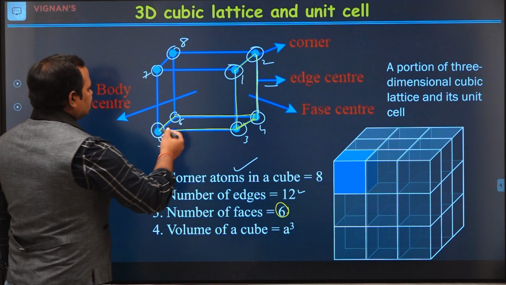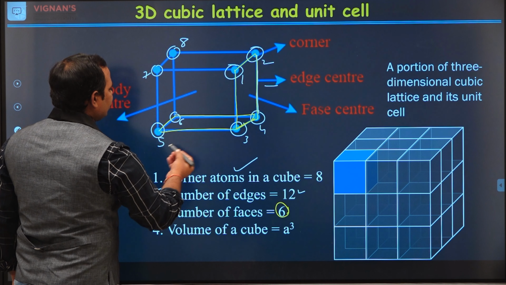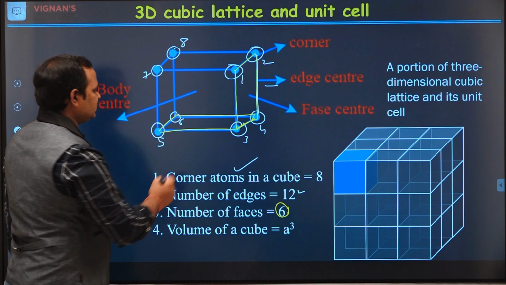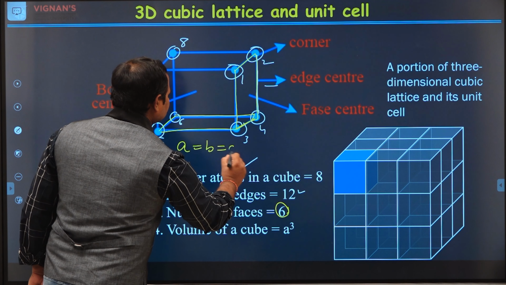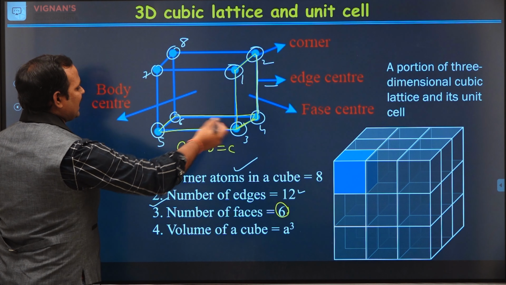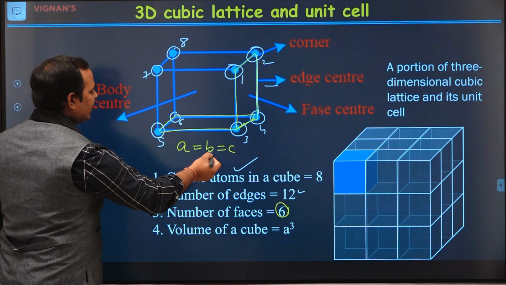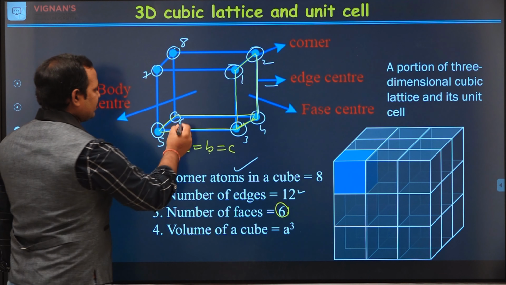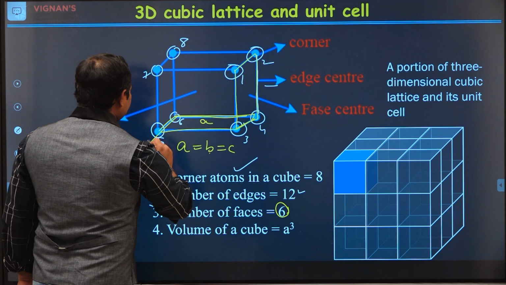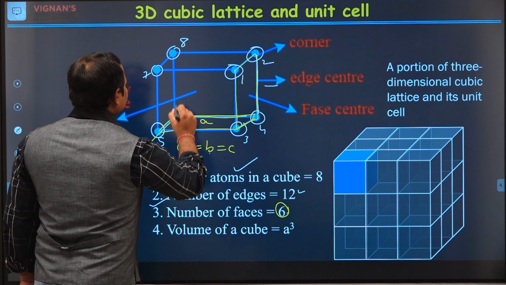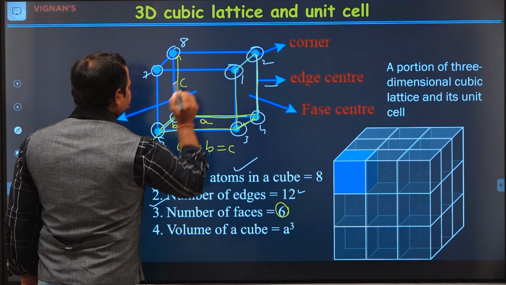And then, since this is a cube, we know the Bravais lattice conditions: a is equal to b is equal to c. That means the lattice parameters along the x-axis, y-axis, and z-axis are equal. The lattice parameter along this axis is a, along this axis is b, and along this axis is c.